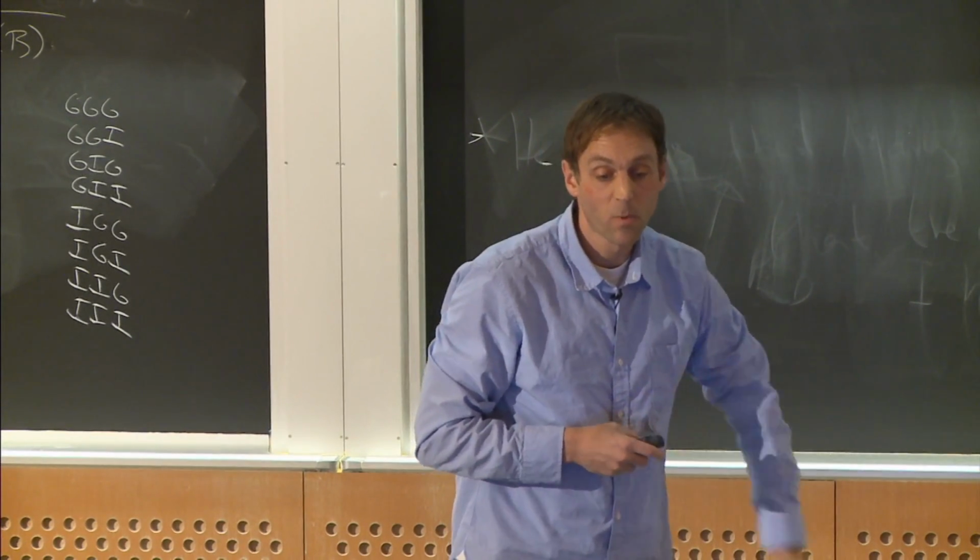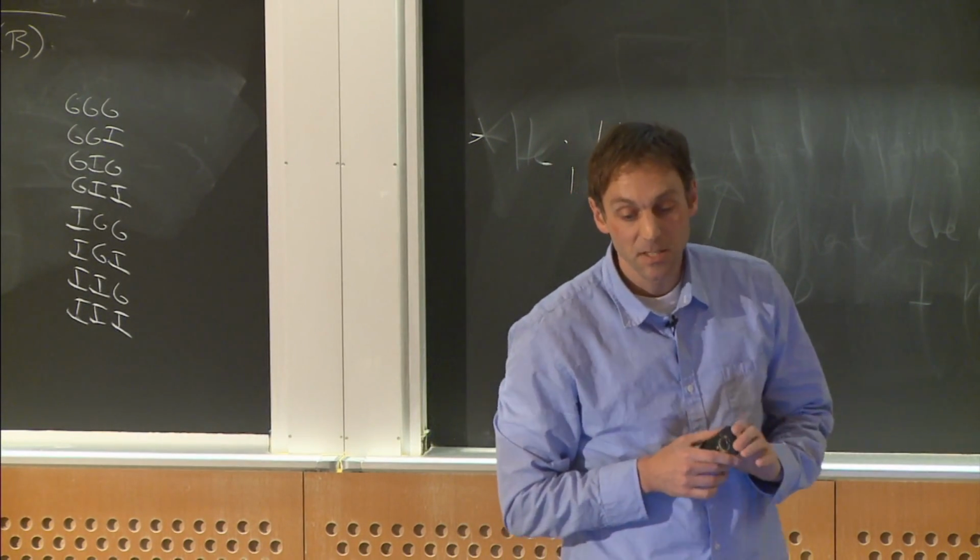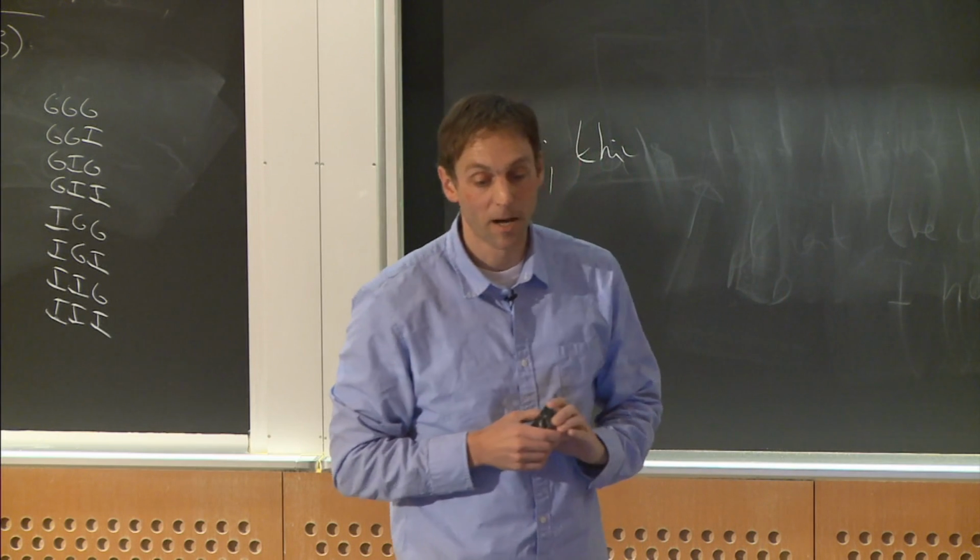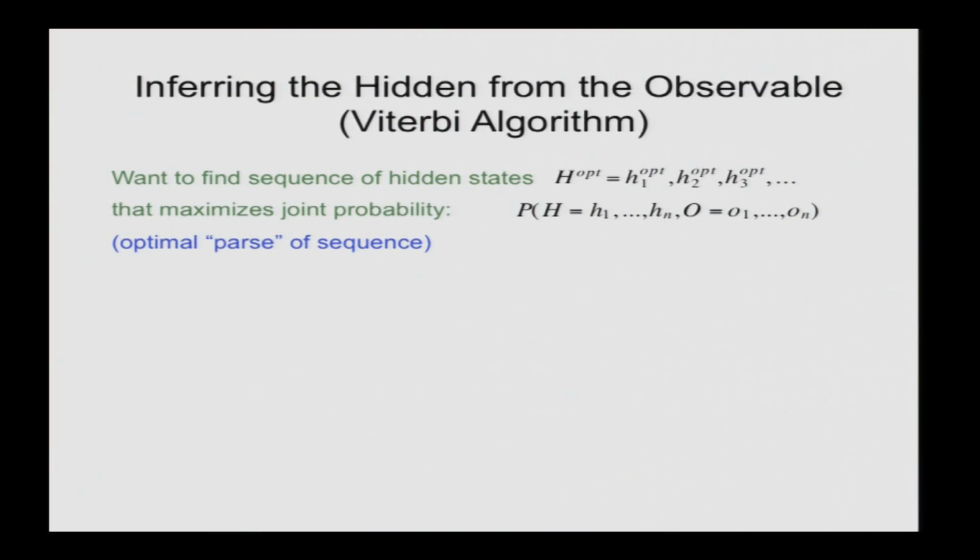So basically, we want to find the sequence of hidden states. We'll call it h-opt. Now h-opt here is a particular vector. Capital H by itself was a random vector. This is now a particular vector of hidden states, h1-opt through hn-opt.